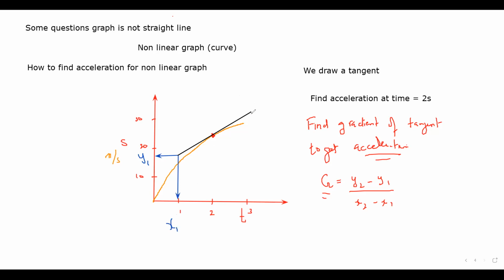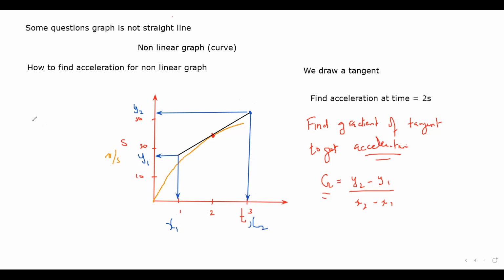Same way, the highest point on the y-axis, the final point on the y-axis, is called y2. And the final point on the x-axis is called x2. So what are the values for y1 and y2?